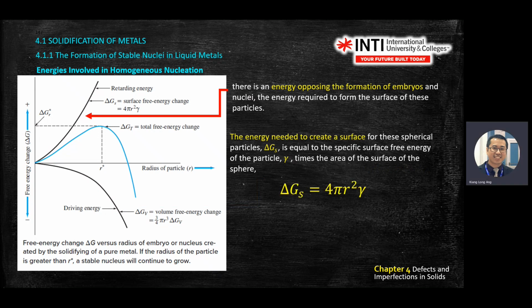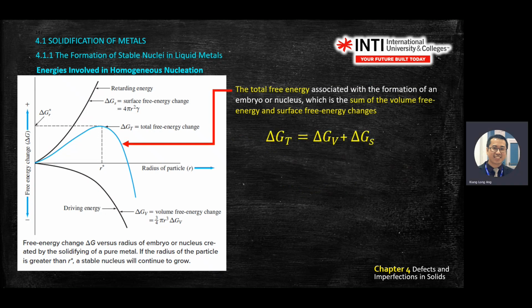There is an equation to calculate the surface energy, given by 4 pi r squared, times gamma. You know the surface area of a sphere is calculated by 4 pi r squared, and you multiply by the surface energy, so you get the energy needed for the surface.